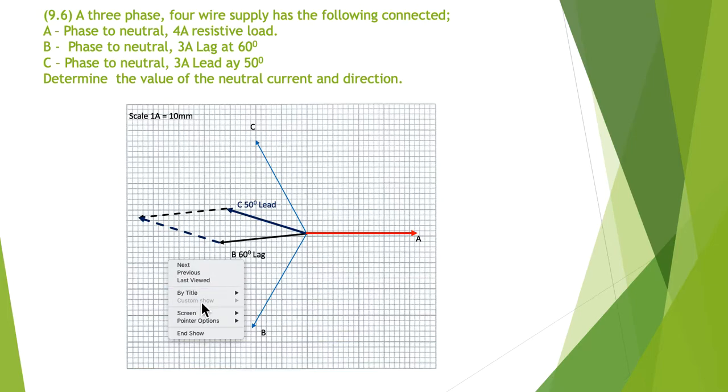Now all I have to do is draw in my phasor like this, and there is my B plus C. Remembering over here, we'd already put A in as resistive.